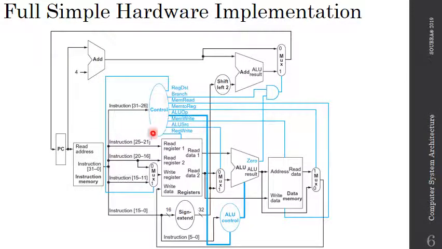So we have a control unit that would get some information from a particular field from the instruction, and you should know the name of that field by now. I'm surely hoping so. And then it spits out the different values that are needed to control the routing of a particular instruction.